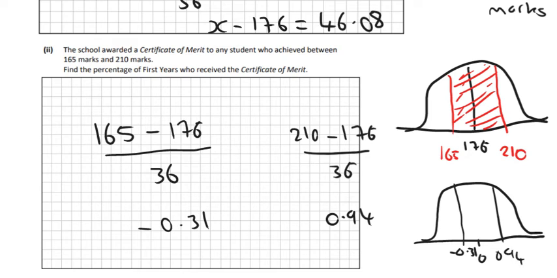What we want to do is take the area. Remember, we have to take area from the left hand side back to the start. So we take the area of all of that up to the line at 0.94, and then we take away this area because we don't want that. We only want the area between the two lines.